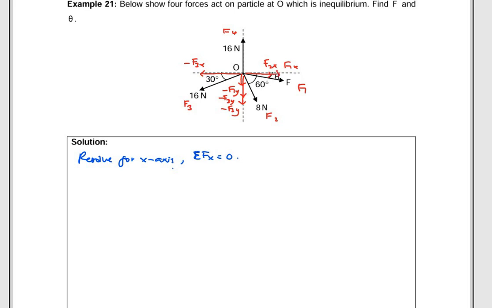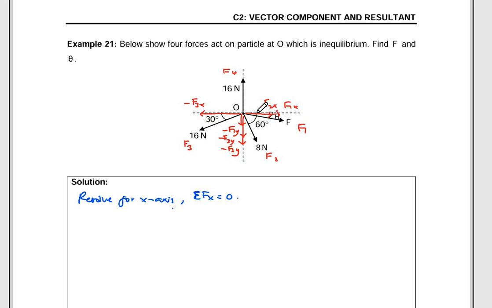Dia dekat situ theta. Okay, ni bacaan dia kalau tengok refer balik, itu adalah theta. F1 ni theta dekat sini, 60 tu untuk F2. So F1 dia akan baca F cos theta untuk X.